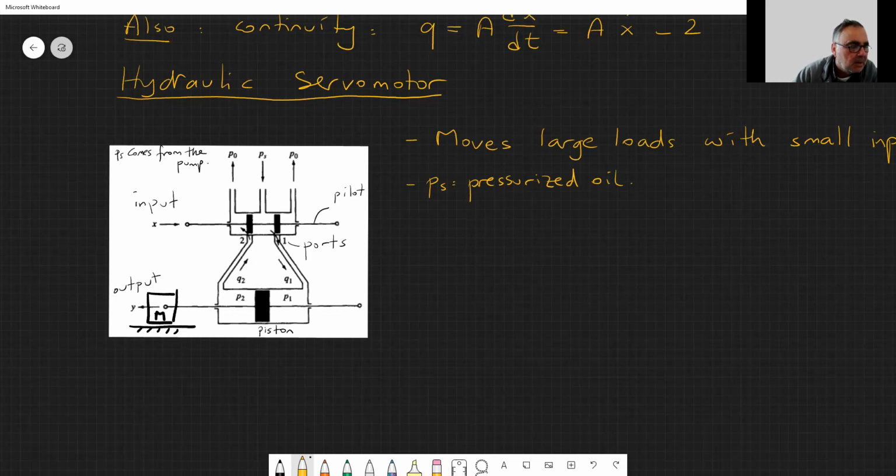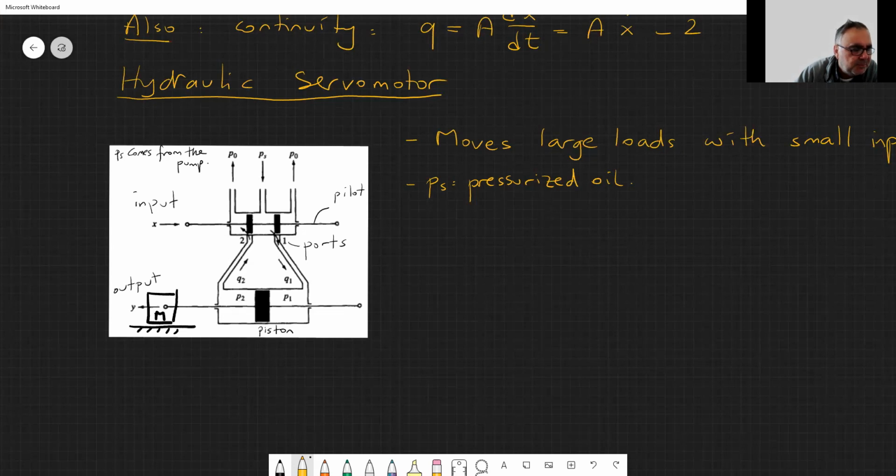Okay. So it is in between those two ports, between those two pistons, the pilot piston. Okay. So according to the movement of this pilot piston, it either goes through port 1 or it goes through port 2.